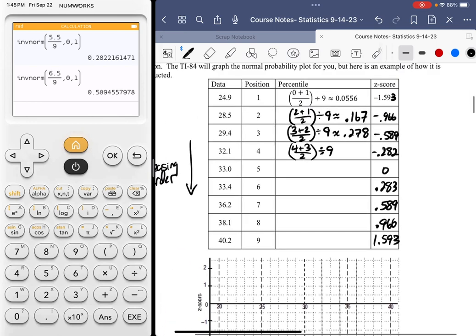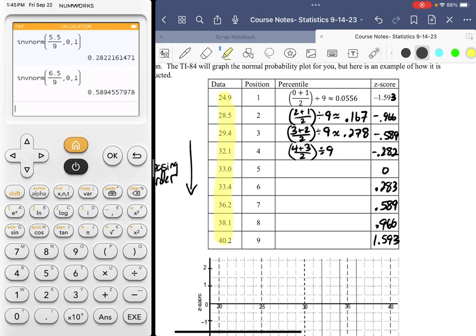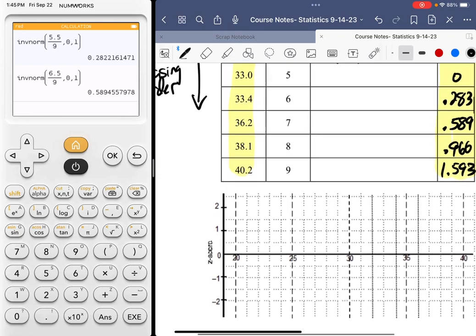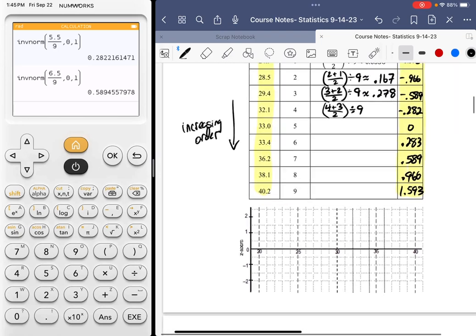I'm going to graph the original data point, so these values here against these values here. The ordered pair, first one would be 24.9, and then about negative 1.59, negative 1.6.